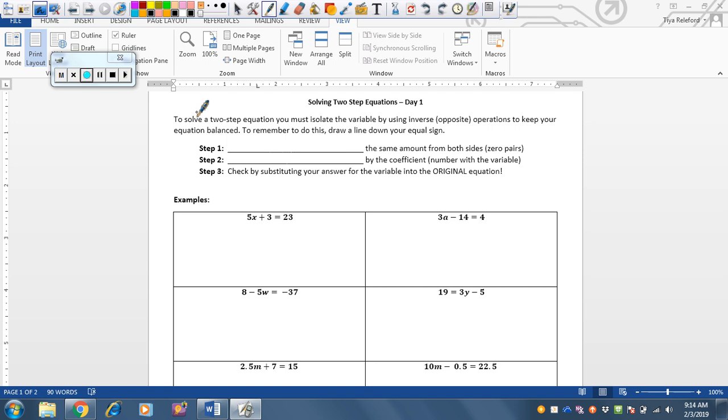Directions say to solve a 2-step equation, you must isolate the variable by using inverse operations to keep your equation balanced. To remember to do this, draw a line down your equal sign. Step 1 is to add or subtract the same amount from both sides.